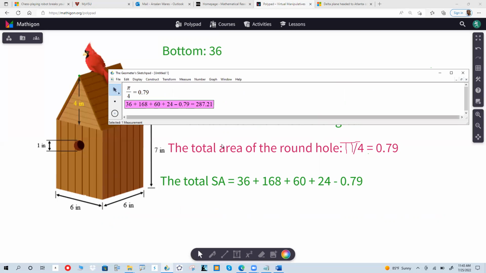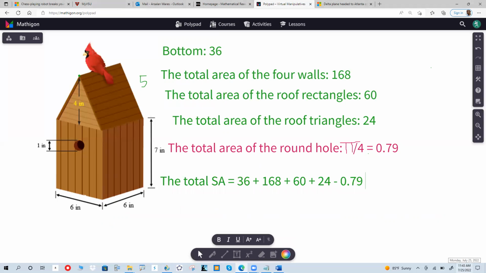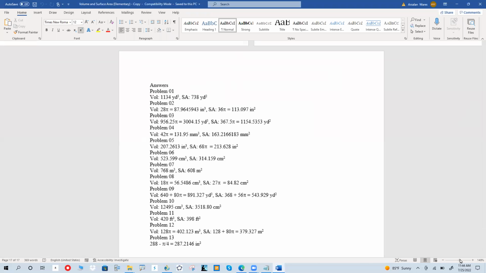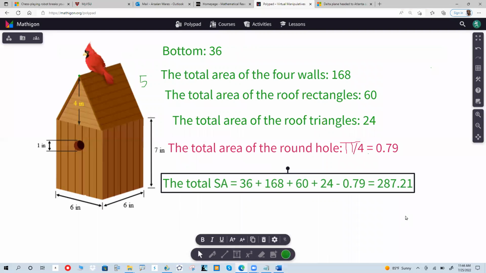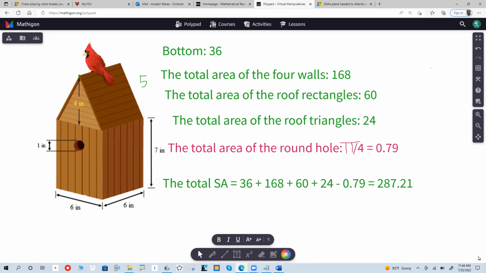I am getting 287.21. I'm going to keep my fingers crossed. And if I don't get the right answer, well, I'm happy actually, guys. I'm surprised that I didn't mess up, but that's exactly what the answer is. 287.2146. 21 is good enough. So we are happy, and you have to put the number, and you have to put the unit, and the unit will be inch squared. That's good enough for me.